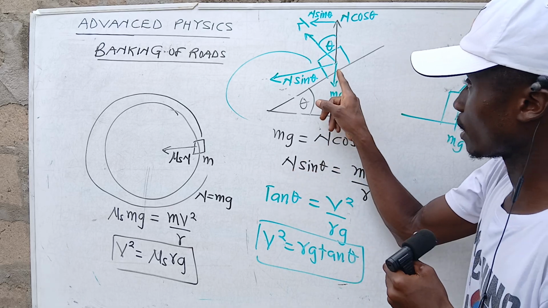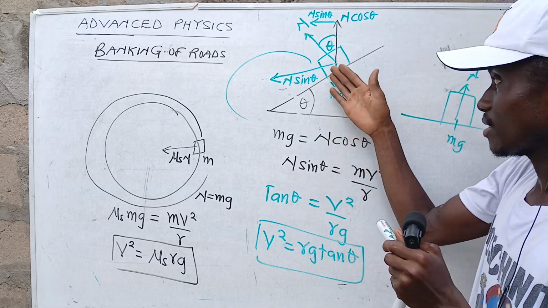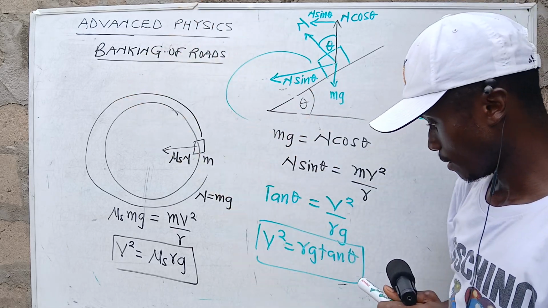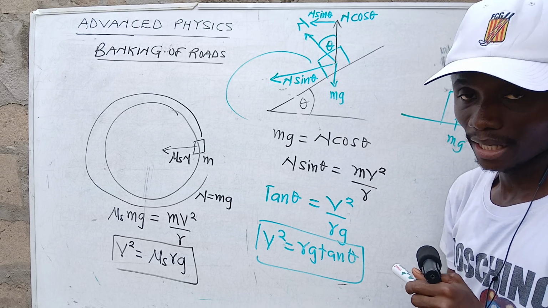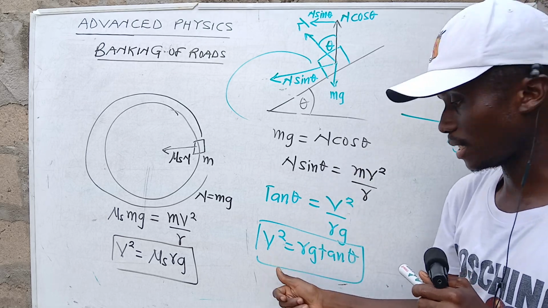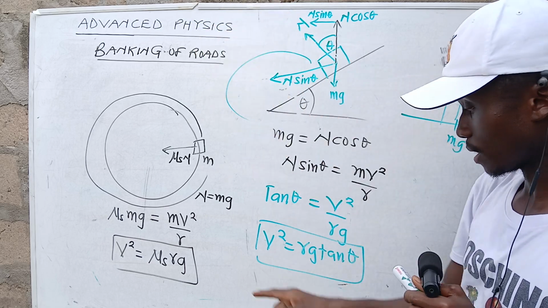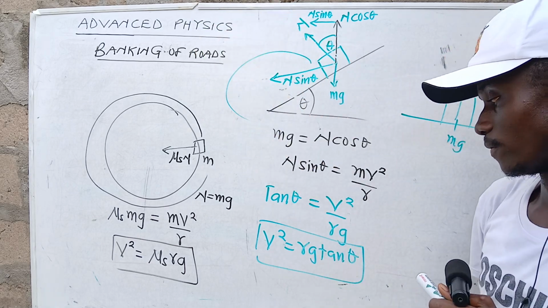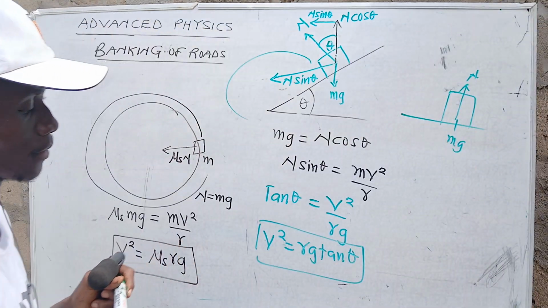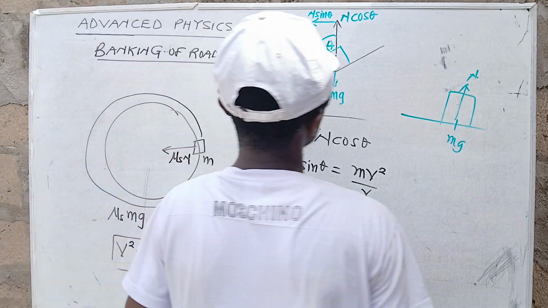There is no friction on this road, but yet you can negotiate the curve satisfying this equation, where at every point in time your tangential speed is equal to the radius of that circle, or that banked road, times g times the tangent of theta.